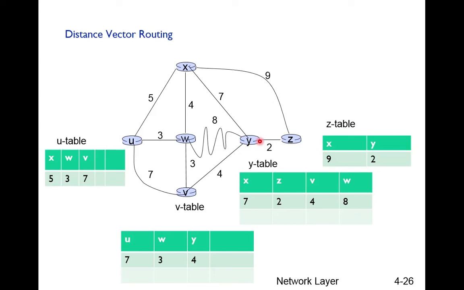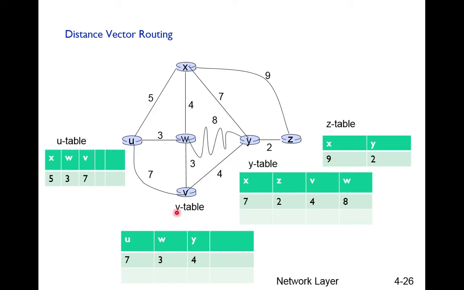Similarly, Y knows at the moment about its neighbors. The neighbors of Y are Z, V, W, and X. So at the moment Y knows about its neighbors only, and its complete table is this one: X is at a distance of 7, Z 2, V 4, and W 8.